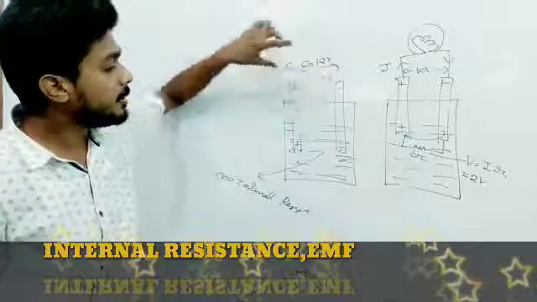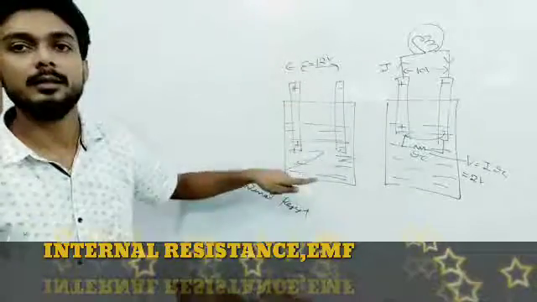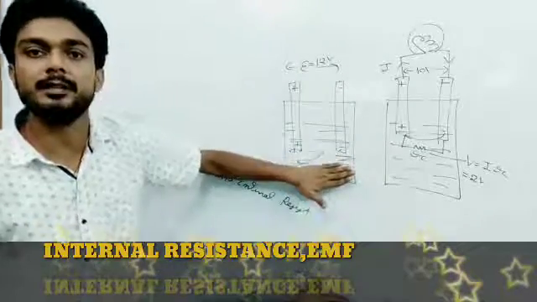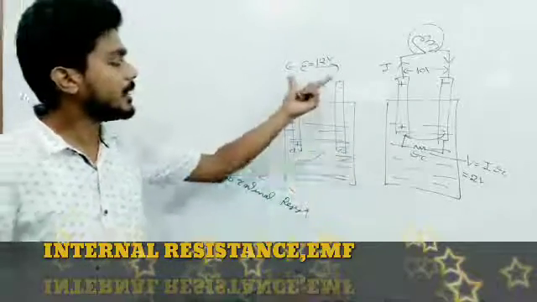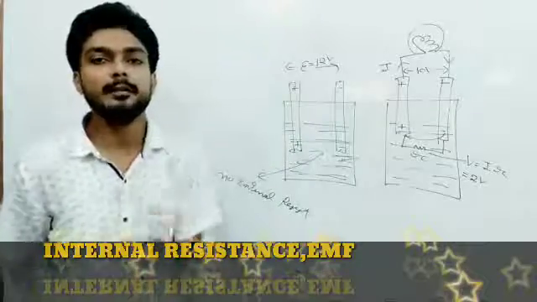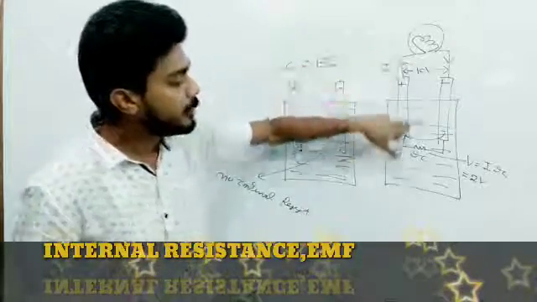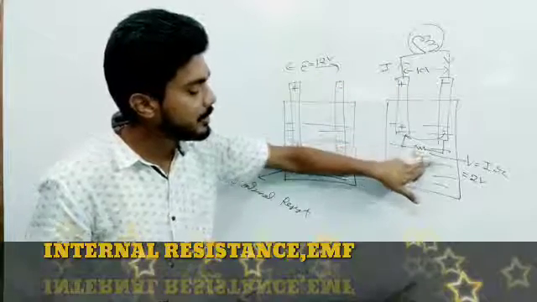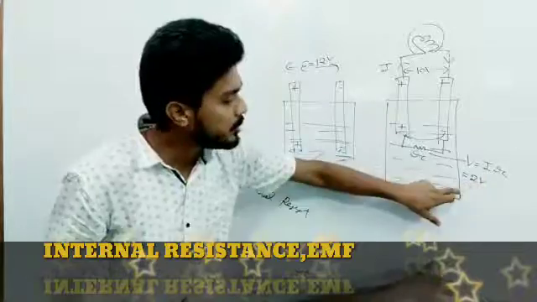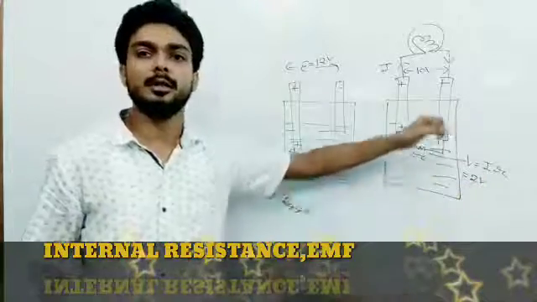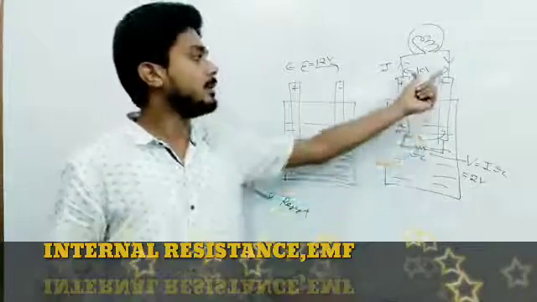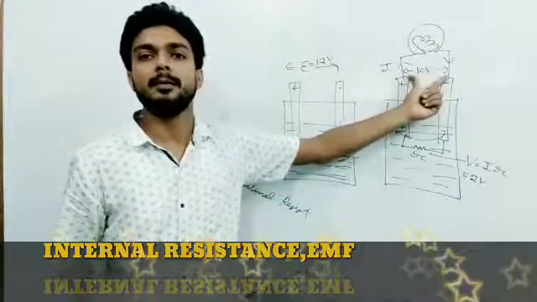There is no flow of current inside the cell, no loss of potential difference, and the voltage appearing at the terminals of the cell is known as the EMF. But if we draw current, then due to the internal resistance there is a potential drop, and this drop reduces the actual potential difference of the cell by that amount, and the remaining amount appears at the terminals.